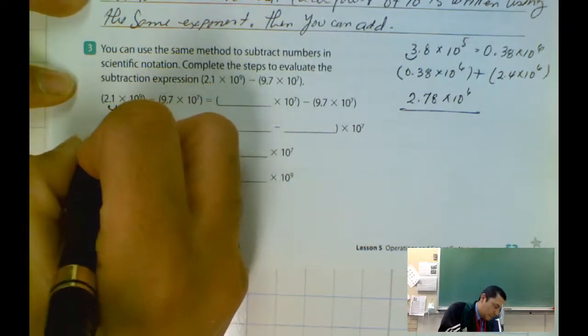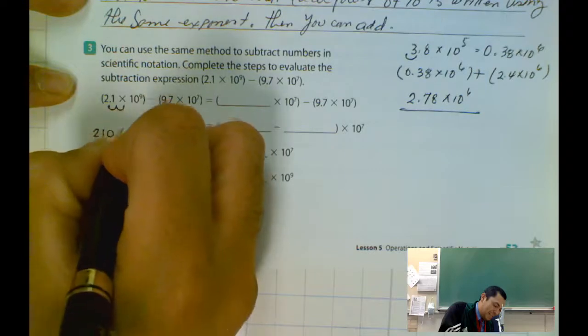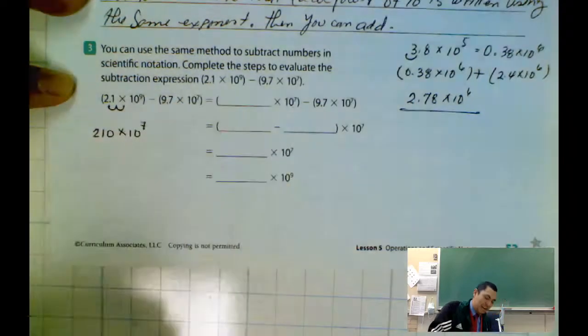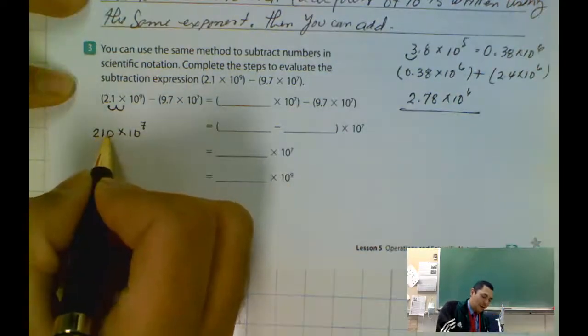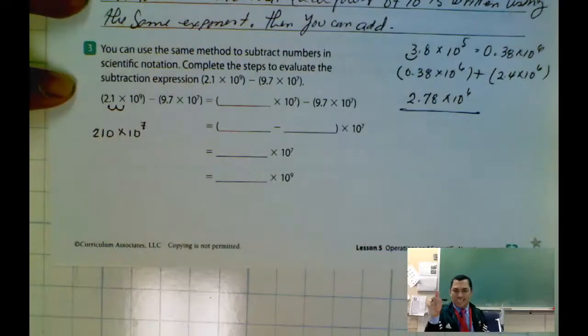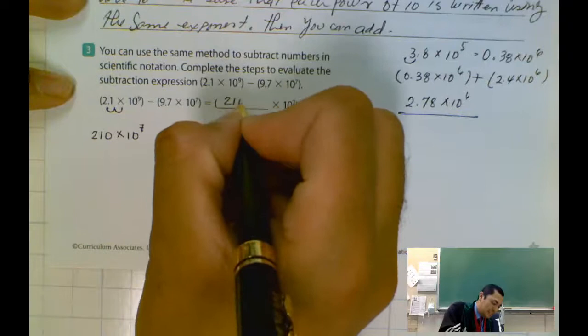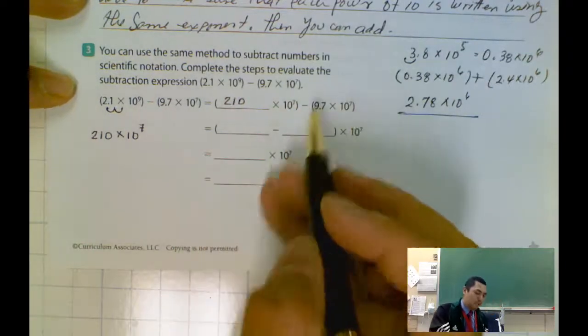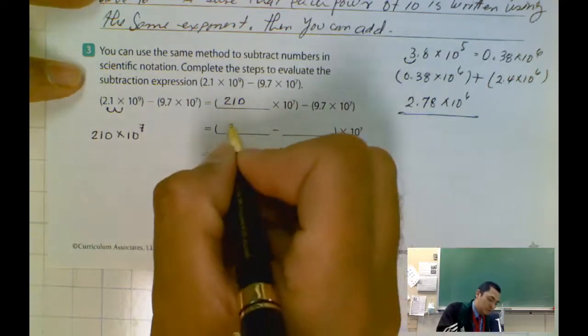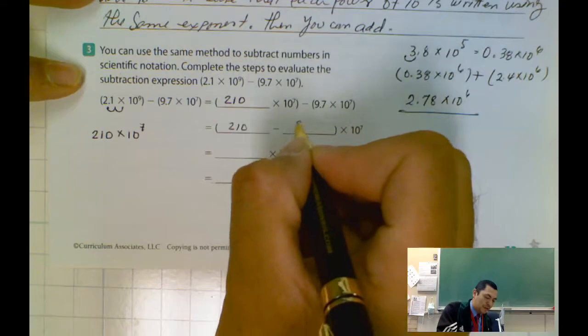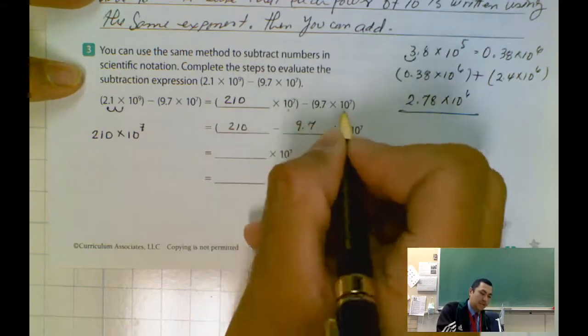So I'm going to have 210 times 10 to the 7. See? From here, 1, 2. When you don't have units, you add zeros. So in this case, you're going to have here 210 times 10 to the 7 minus 9.7. So then we subtract 210 minus 9.7 because the exponents are the same.